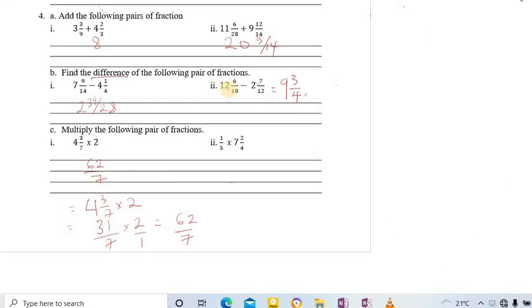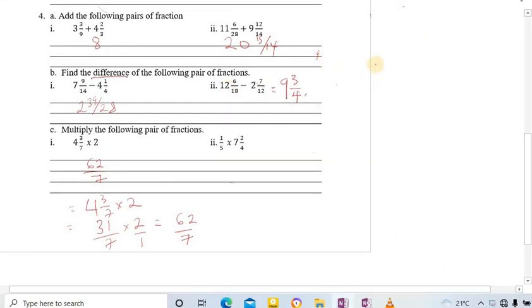Alright, the next question. So we have our next question here, which is CII. That would be 1 over 5 times 7 whole number 2 over 4.